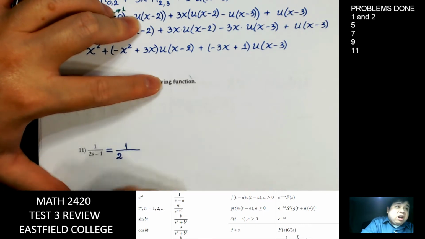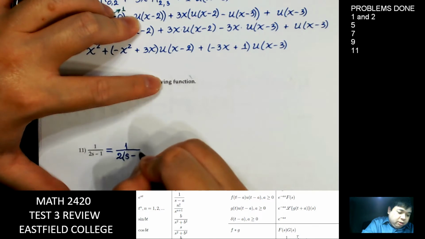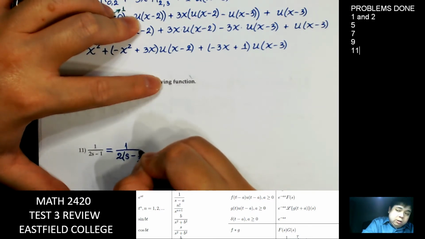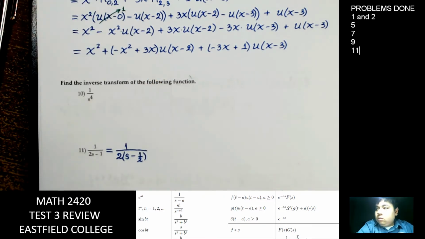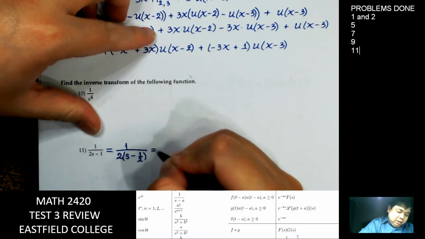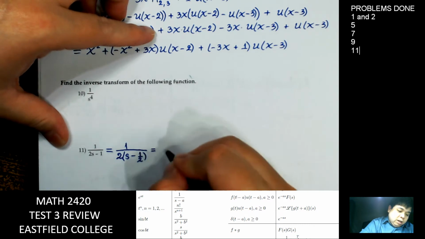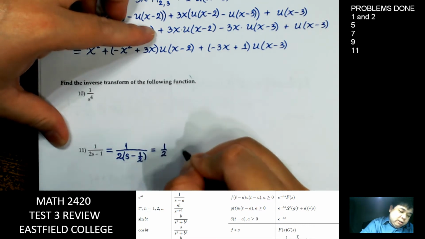So we have to factor out the 2, so we have s minus 1 half. Now we multiply it out, factor out the 1 half.